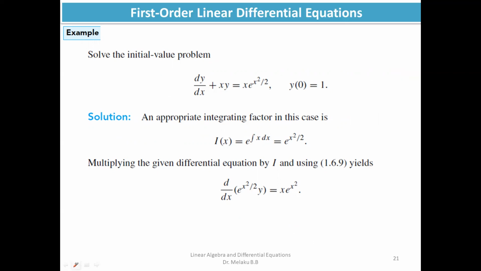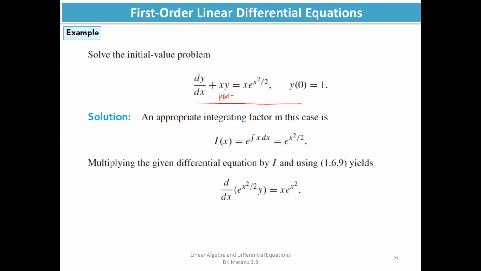See the example here. The question is to solve this first order differential equation with an initial condition. See, dy by dx plus xy. So where is your p of x?